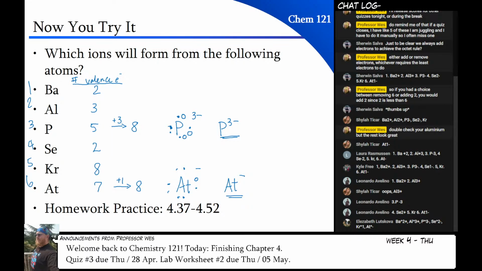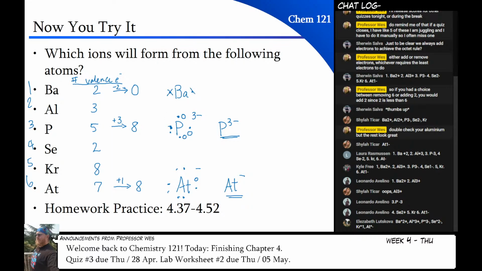All right, what about the ones where it would be a lot to add them? I can't add 6 electrons. That's way too many, right? So in order to get to an octet, what I actually have to do is get to 0. Because remember, if I get to 0, that's like having an octet, right? The previous layer down becomes our octet. So barium here starts with 2 electrons.